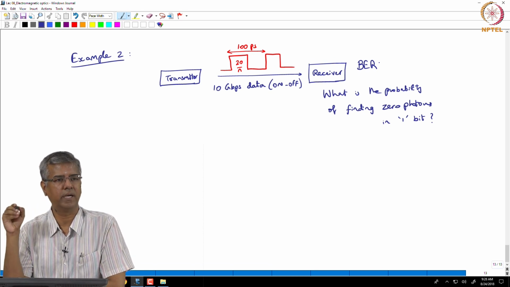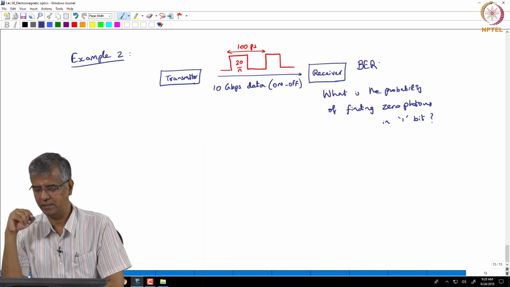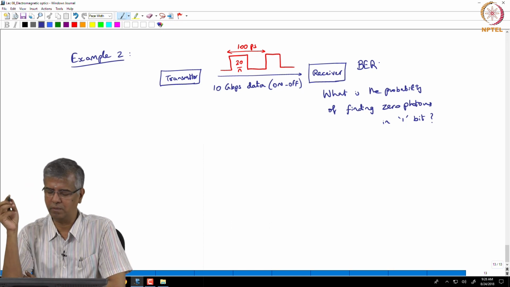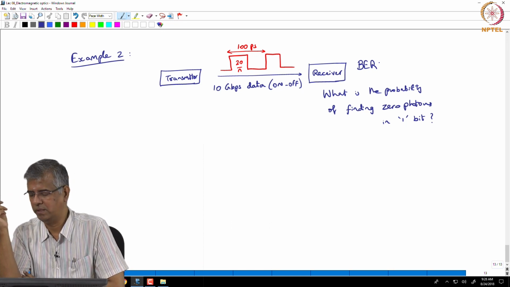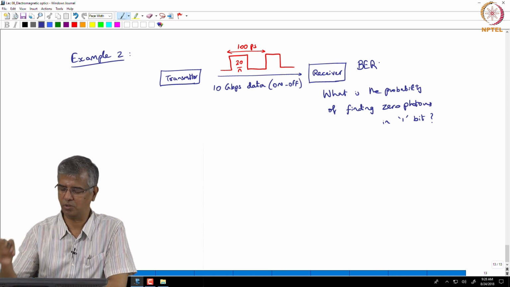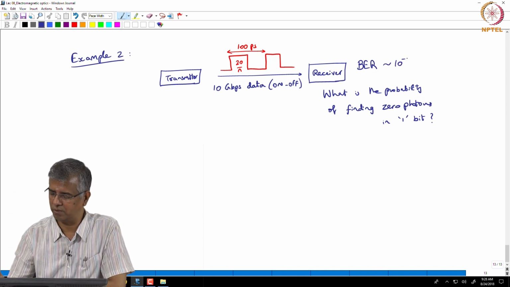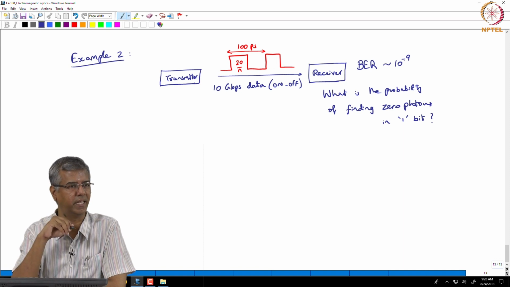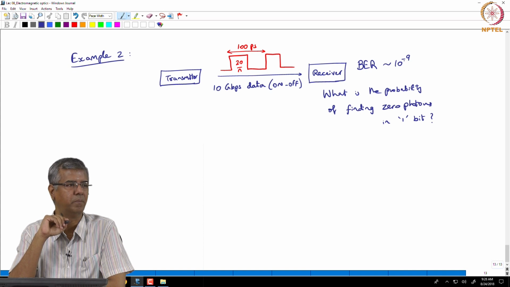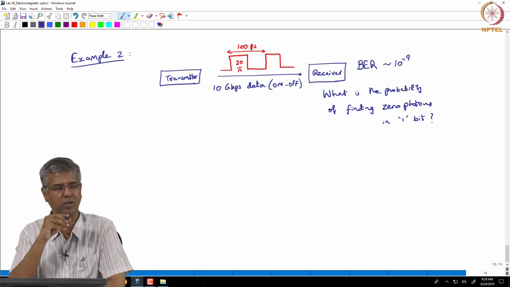So, you want to look at the error rate that you are having in the communication, and typical bit error rates in optical communication, you try to look at 10 power minus 9. Okay. So, you want to achieve a BER of 10 power minus 9. Okay. 1 in a billion bits can be in error, but not more than that.